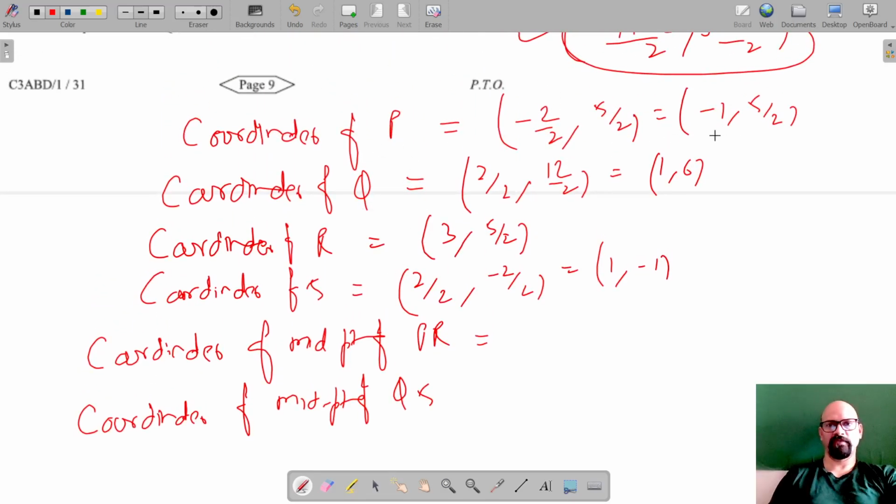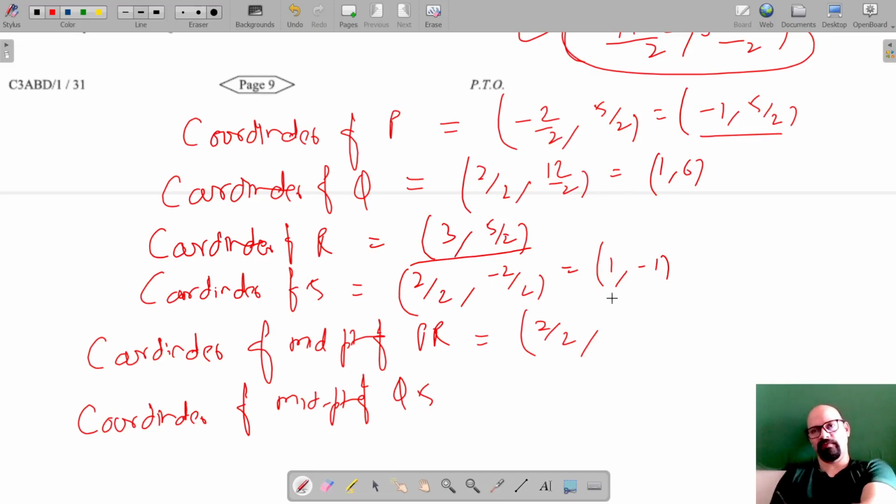So for PR, P and R: -1 plus 3 is 2 divided by 2, and 5 by 2 plus 5 by 2 is 10 by 2, which is 5.